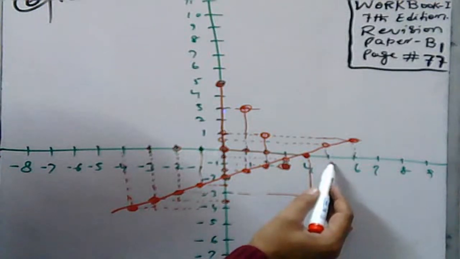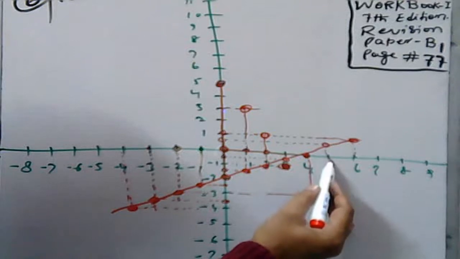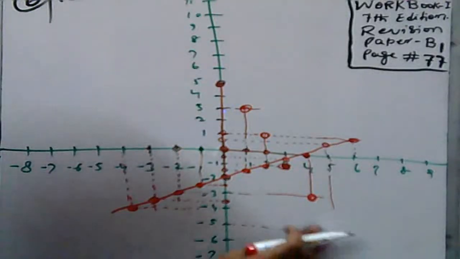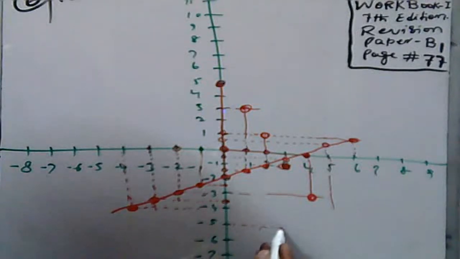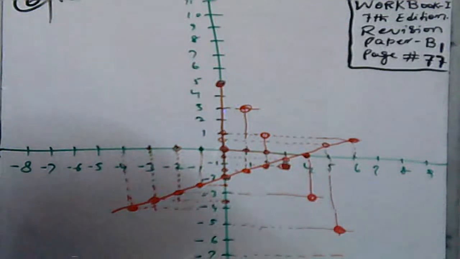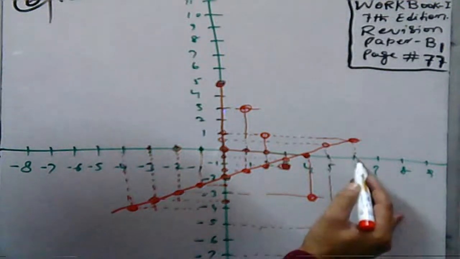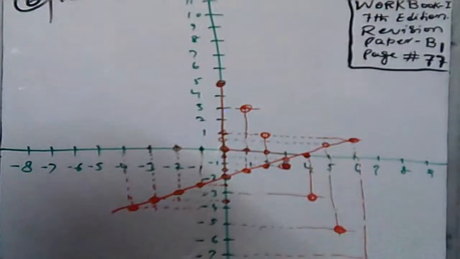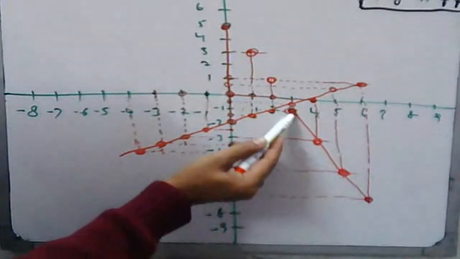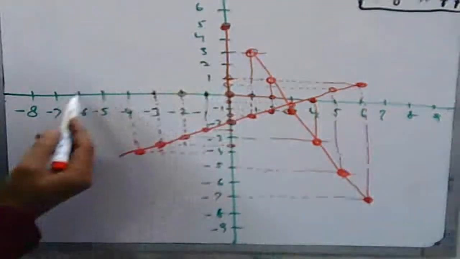For 5 you get -5, you can see here. And for 6 you get -7. So by joining these points, you will get the line up to here.